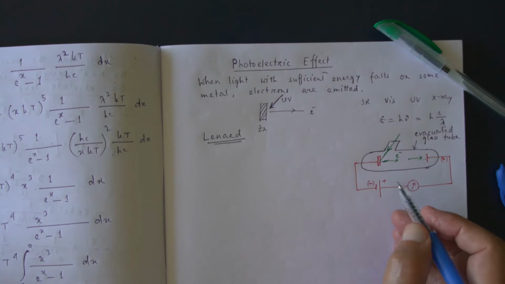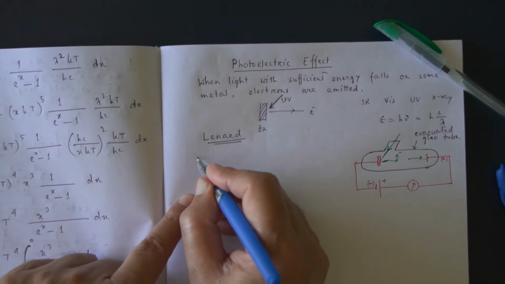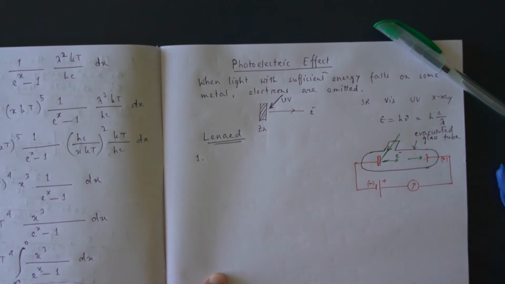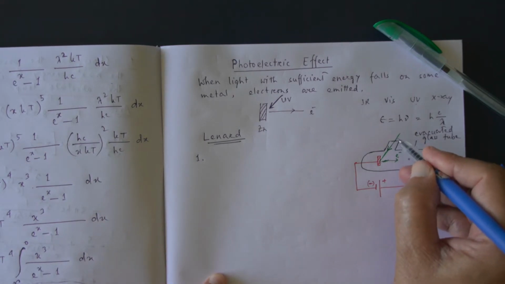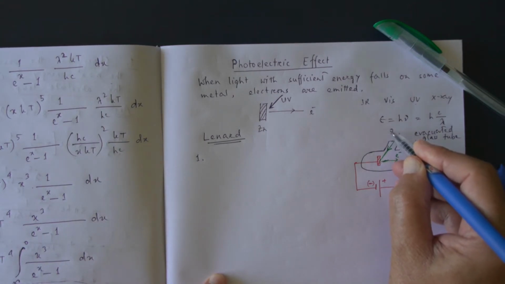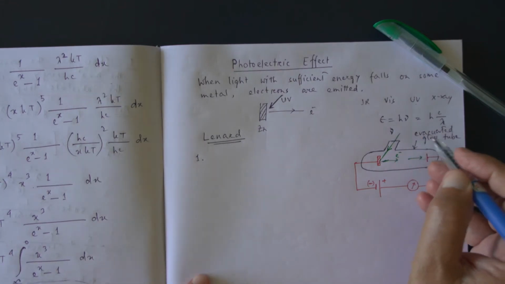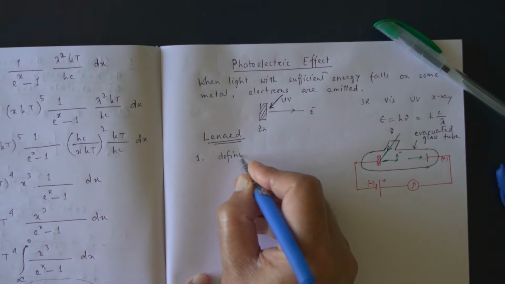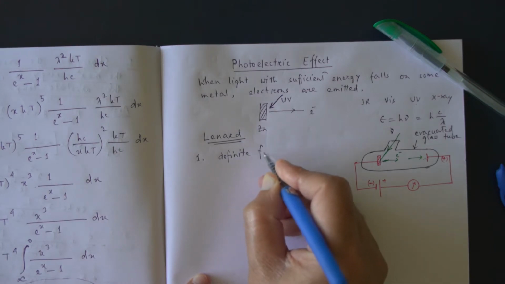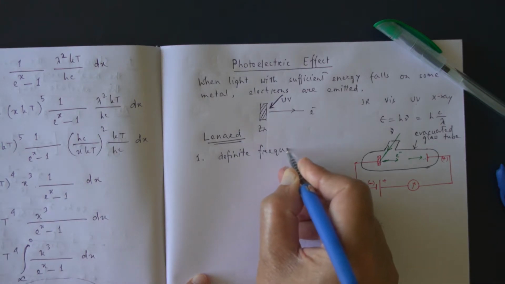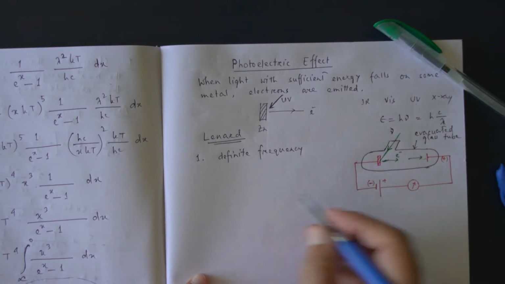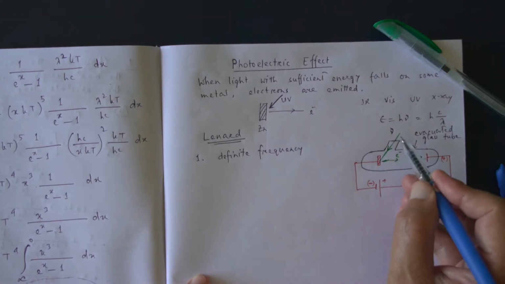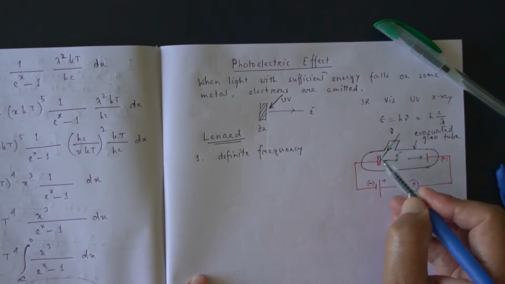Now how did he study it? First, what Leonard did is that he used a radiation of definite frequency. Then he increased the intensity of the radiation.